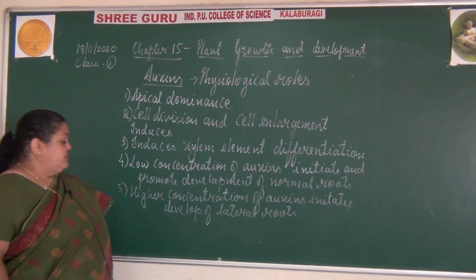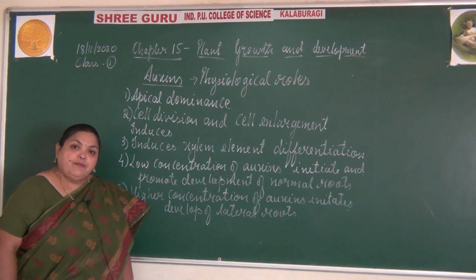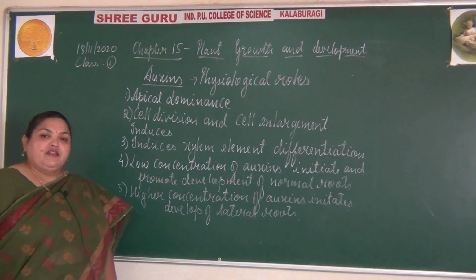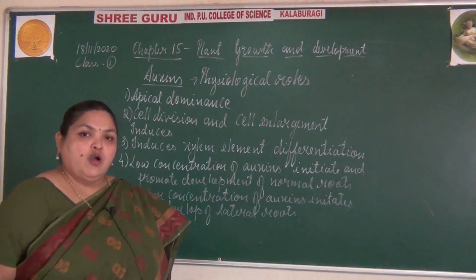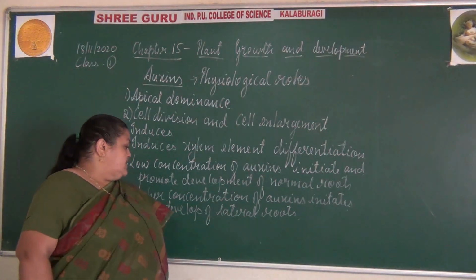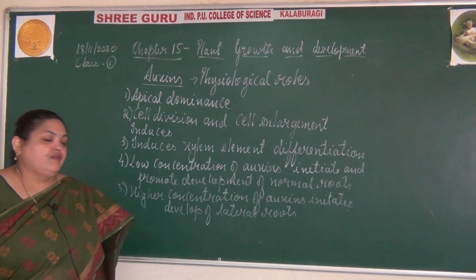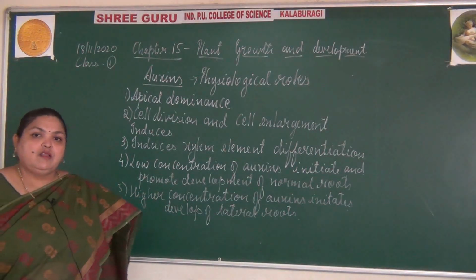In some plants, if auxins are applied at a higher concentration, it will initiate the development of the lateral roots.